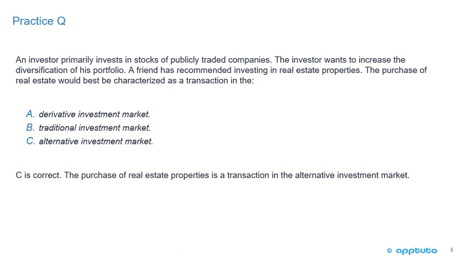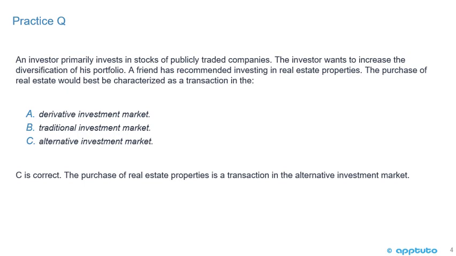Well, that question is quite easy because we just looked at the slide and I made my point. But you can see here, if you hadn't studied and weren't specific and exact, a lot of people would answer B, that real estate is traditional, because there are some readings outside the CFA curriculum where I've seen real estate being considered a traditional asset class, and that's why I put this question in.